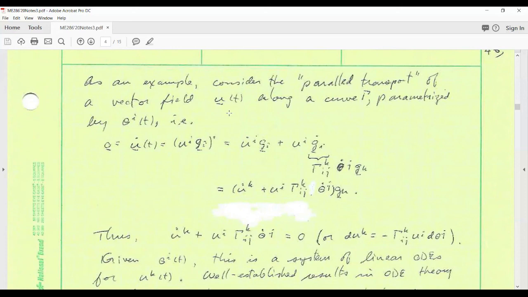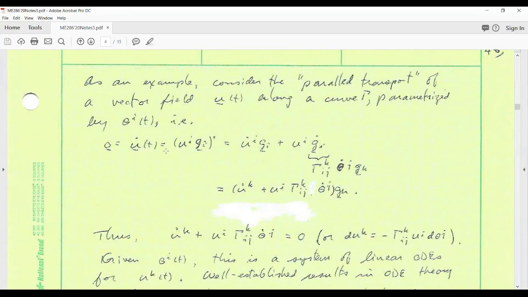If we move along the curve and the vector is unchanged as we move along the curve, it's the same magnitude and direction, so that at every point on the curve, we're transporting the vector in a parallel manner so as to preserve its length and orientation. That means simply that the vector field has no derivative with respect to the parameter. It doesn't change along the curve.